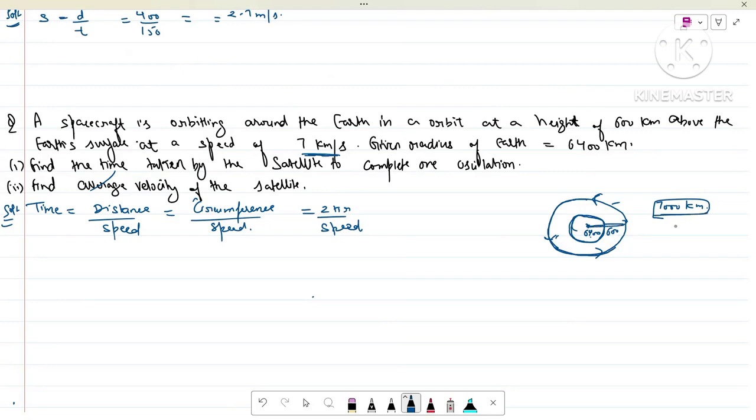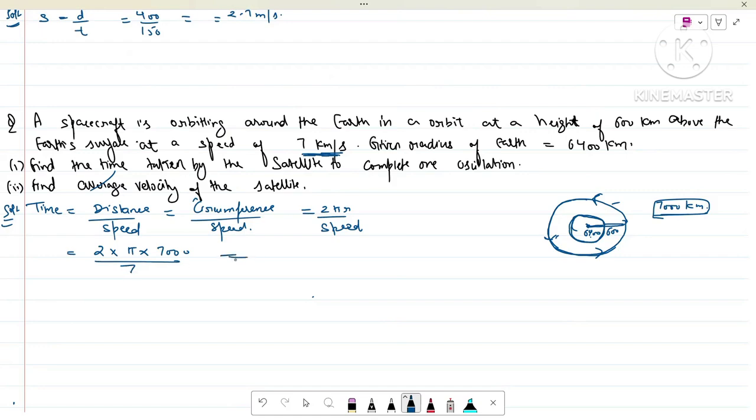7000 kilometer. Now in this question, we need not convert from kilometer to meter because here speed is also given in kilometer per second and we will get our time value in seconds. So time will be 2 into pi into radius 7000 kilometer divided by speed 7 kilometer per second.